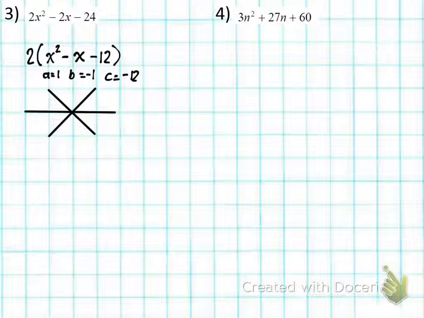Putting in our A is 1, B is negative 1, A times C is negative 12. Okay, what times what is going to be equal to negative 12, but adds up to negative 1? Negative 4 times positive 3, right?